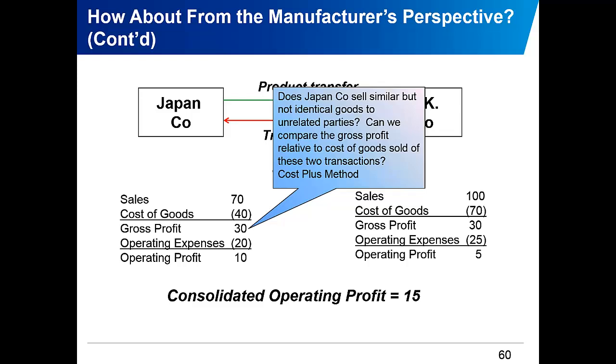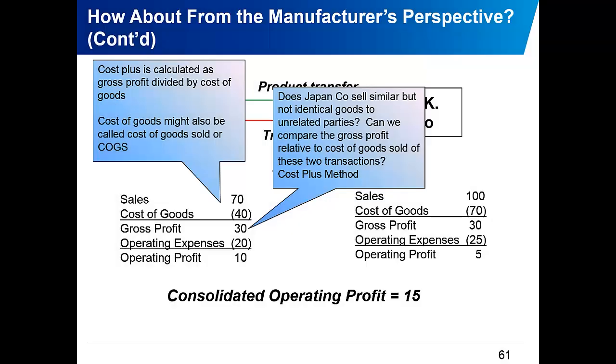So we might do this by looking at that ratio of 30 over 40, which is sometimes referred to as the cost plus method, looking at this markup above the cost of goods sold. If we're earning that same margin, whether it's a sale with related parties or unrelated parties, that would be fairly strong evidence that we're earning an appropriate amount of profit. That means we're selling it for an appropriate price, a price that would be struck between parties who were arm's length to each other.